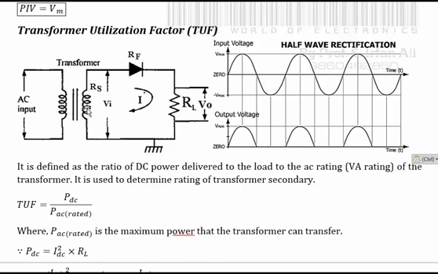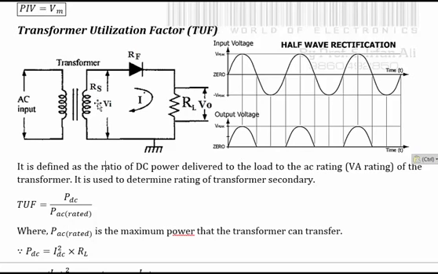So at the input side, the nature of current is the same as at the output side, because the loop is the same. Output and input are both within the same loop. So if output current becomes zero for the pi to 2 pi range, the input current will also be zero. So the nature of current at the input side will be like this.